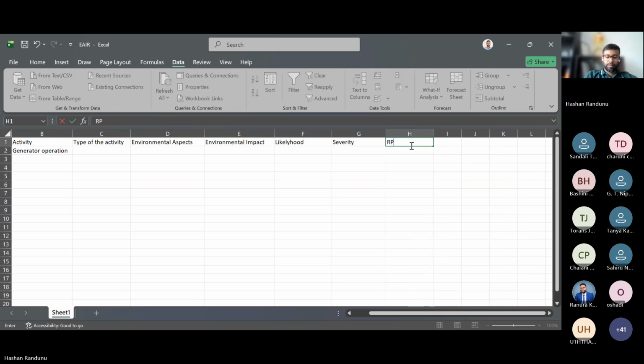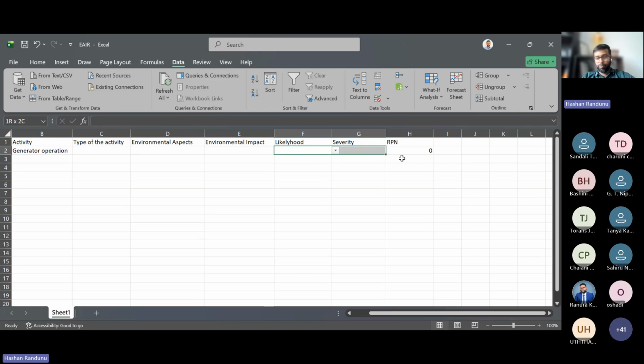And we get the RPN number as a multiplication of this likelihood and the severity. We will rate from 1 to 5 for both likelihood and severity.